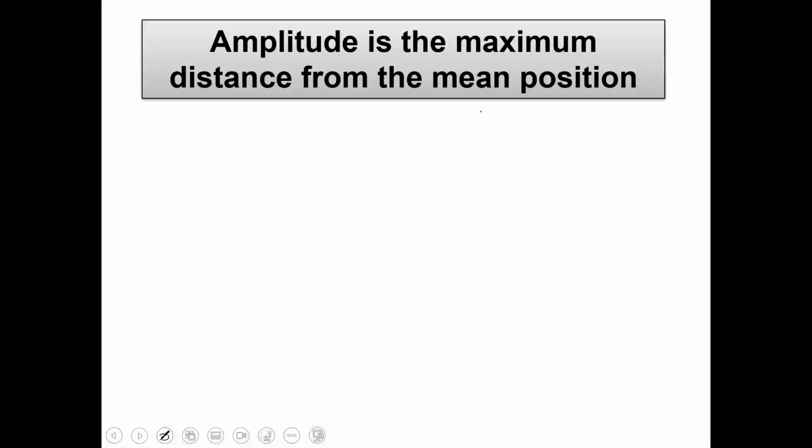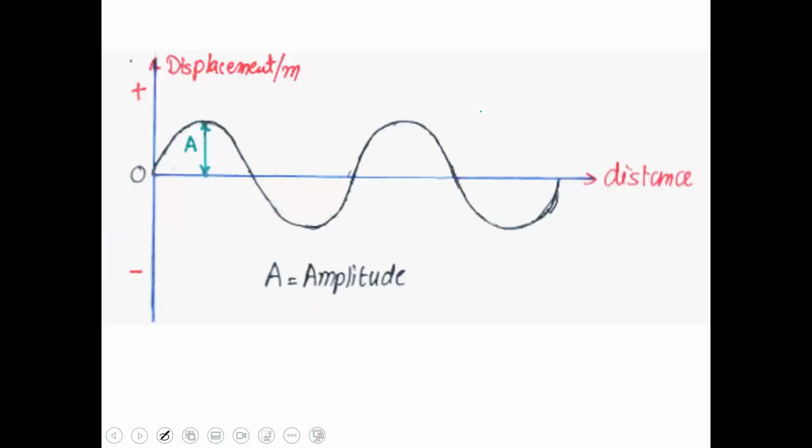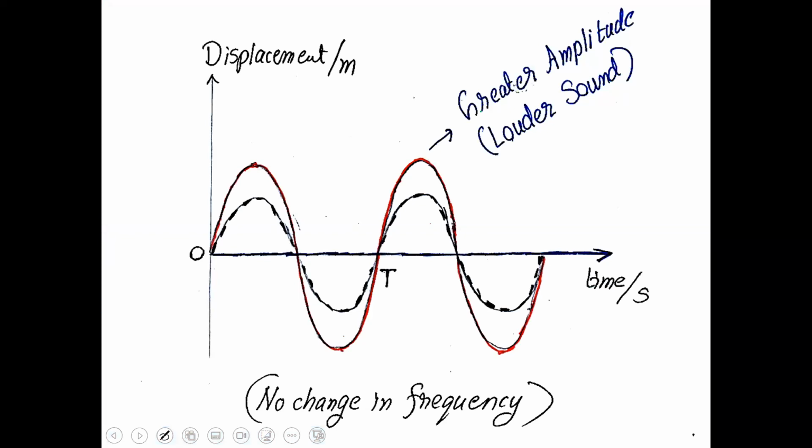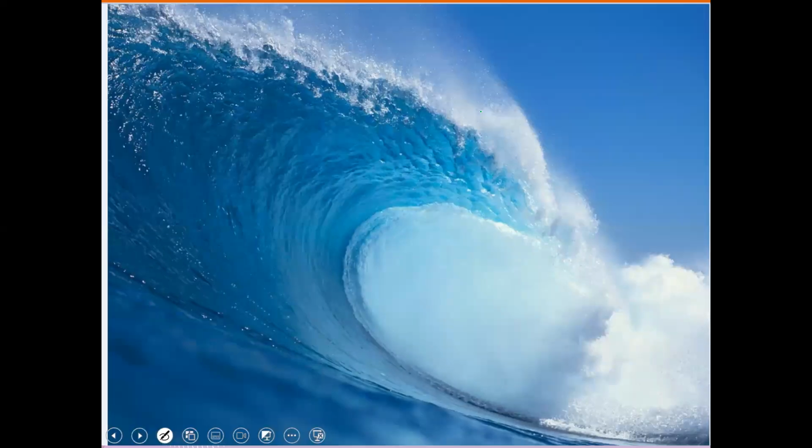Now, what is amplitude? Amplitude is the maximum distance from the mean position. It is actually the height of a wave. Just like if you remember a loudspeaker, amplitude is the loudness. This is the height. So when a wave is traveling, look at this wave. This is called amplitude.